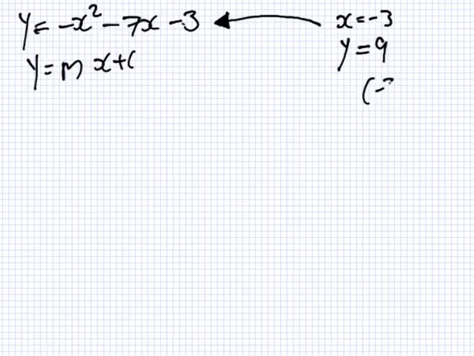So if I take minus 3 and 9 and put it in, I can get the c. So I have 9 equals... Who said 9, by the way? It says 27 here. Okay, we need to rewrite it.